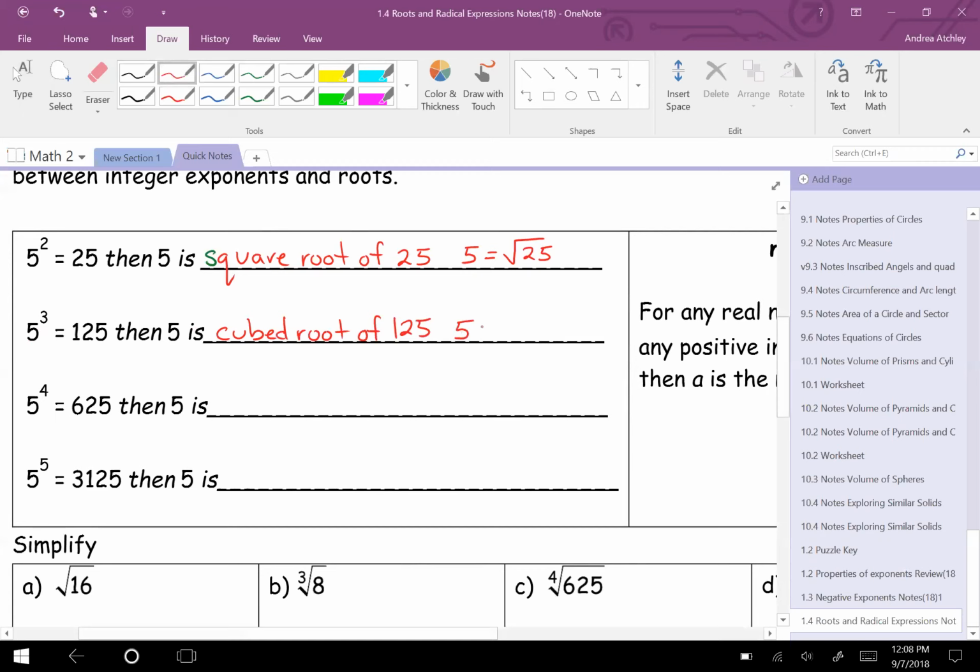So that means 5 is equal to the cubed root of 125. Okay, so the cubed root has the radical, and inside that little hook, you put the number 3 so you know it's a cubed root. We want to find a number times itself 3 times that gives me 125.